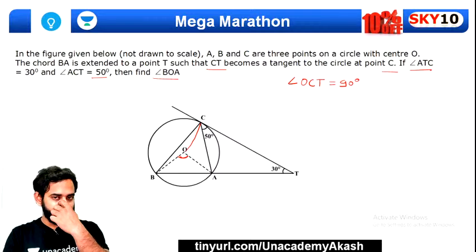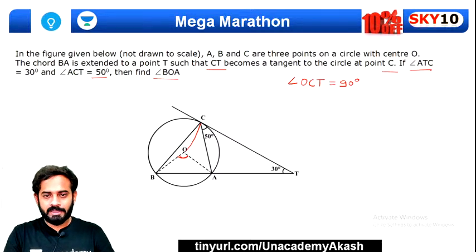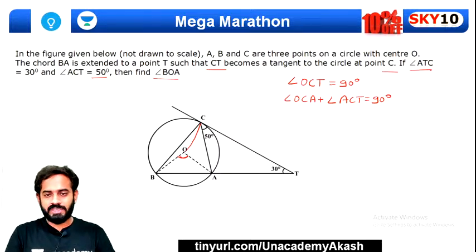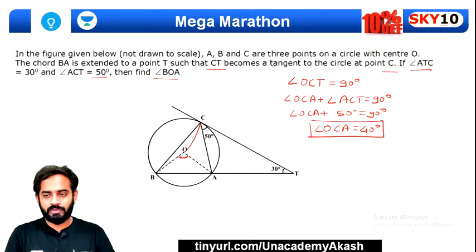If OCT is 90 degree, it clearly means that angle OCA plus angle ACT is equal to 90 degree. Angle ACT is 50, so from here angle OCA comes out to be 40 degree. Very simple. I hope there is no doubt over here.